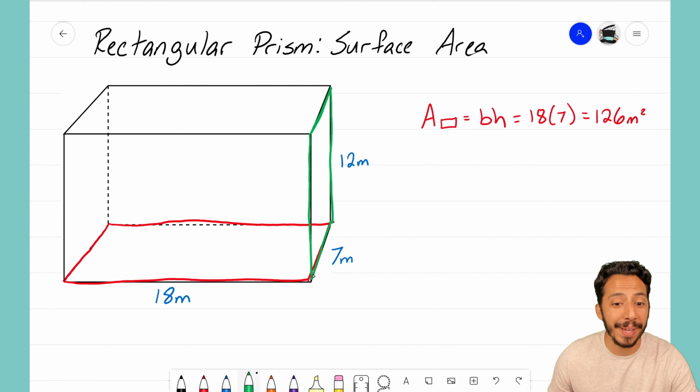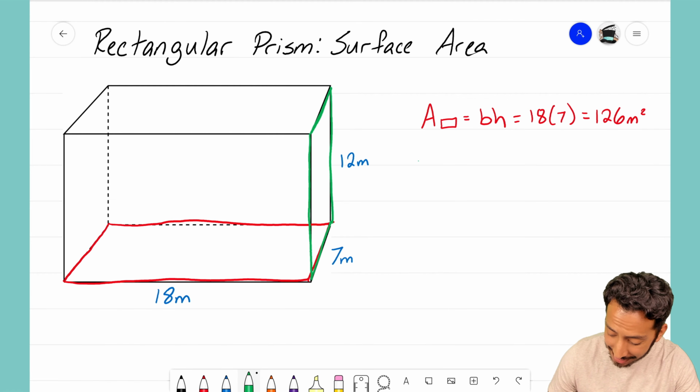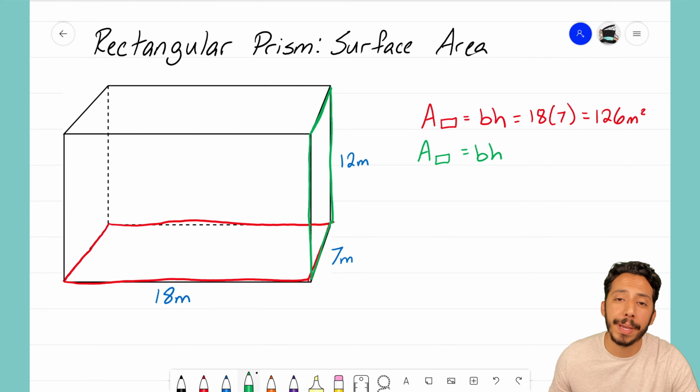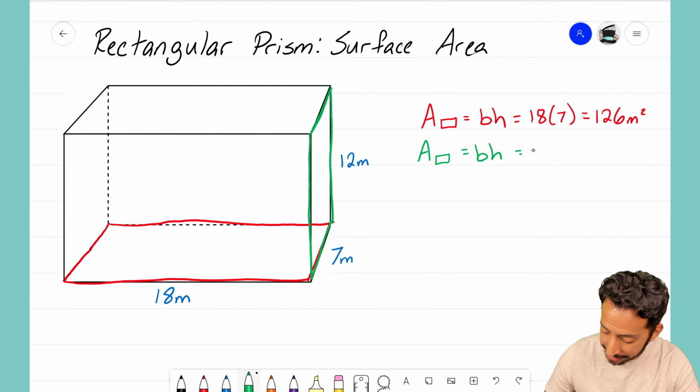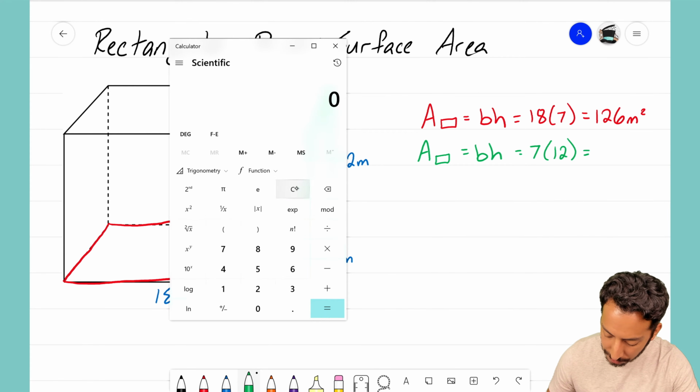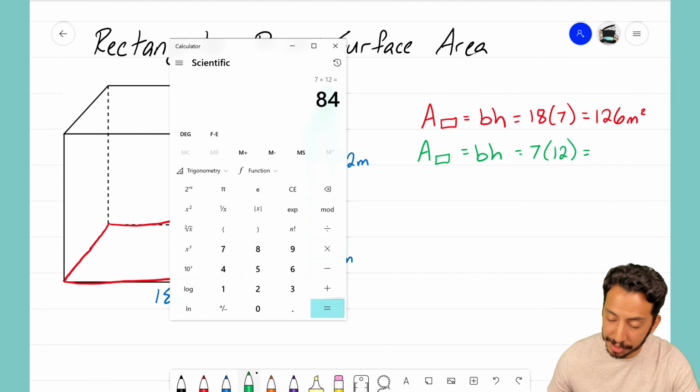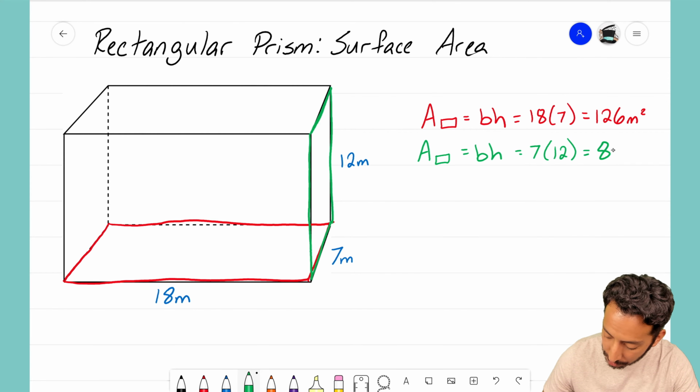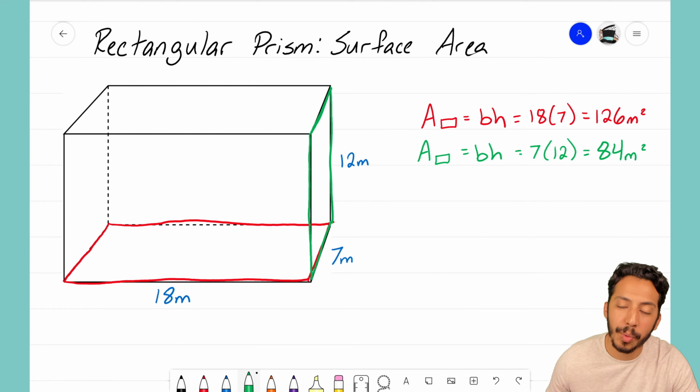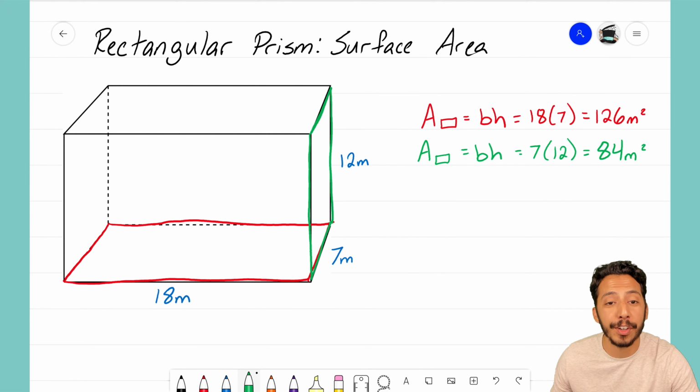I see that it has a base of 7 meters and it has a height of 12 meters. I can find the area for that side by again using base times height. My base here is 7, my height is 12. 7 times 12, let's punch that into our calculator. The area for that right side ends up equaling 84 square meters. Alrighty, 2 sides down.